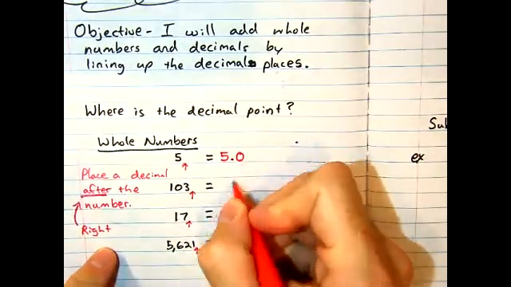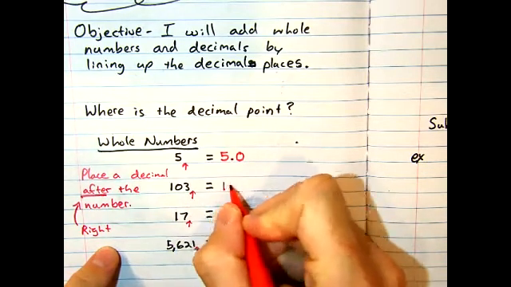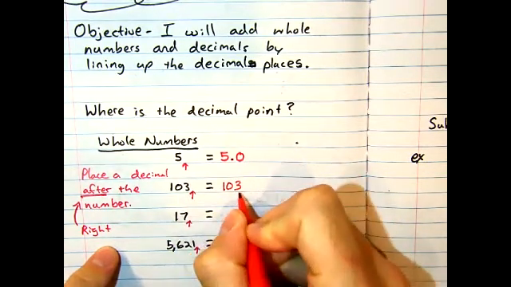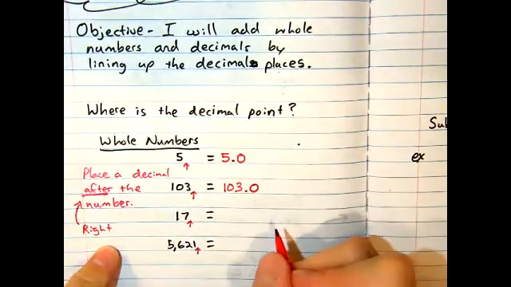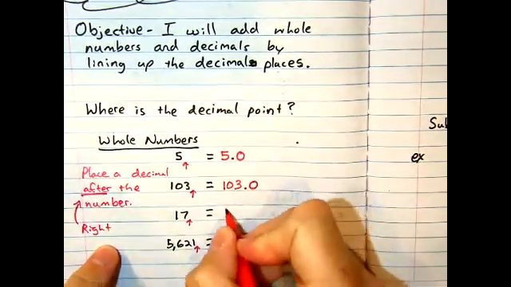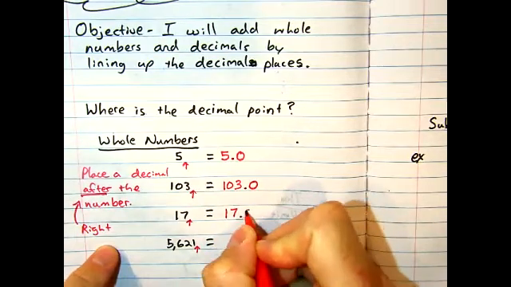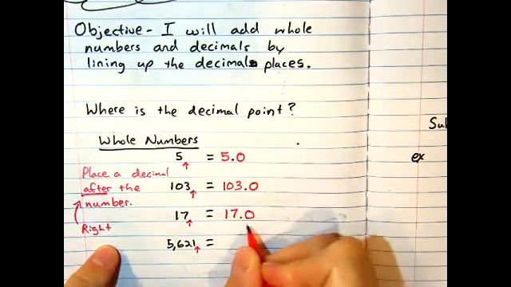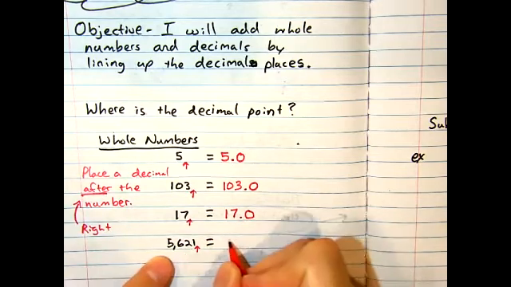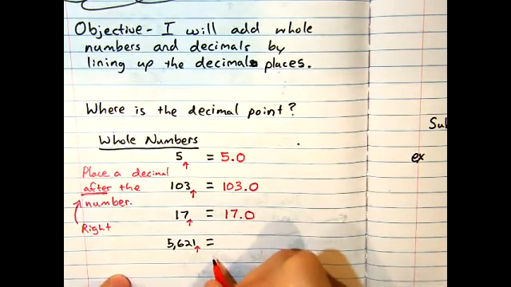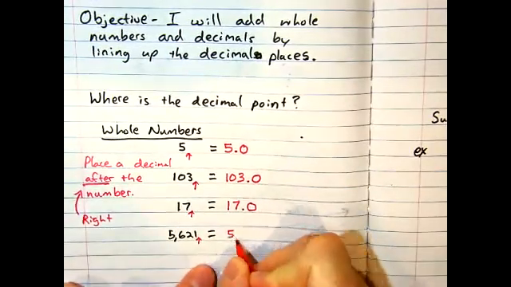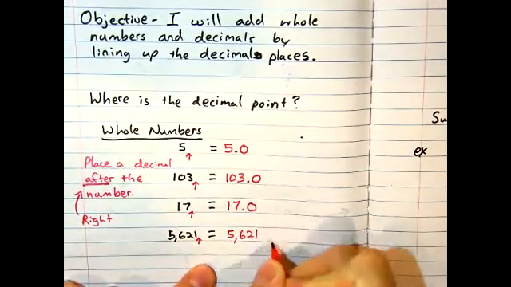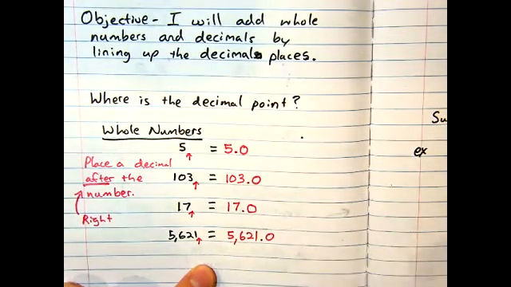or 0 tenths. 103: I have 103 whole items and 0 fractions of 1. 17: I have 17 and 0 tenths. I have no extra parts. And this works with any whole number. If you don't see a decimal, it's a whole number. So for this one, it would just be simply 5,621 and 0 tenths.